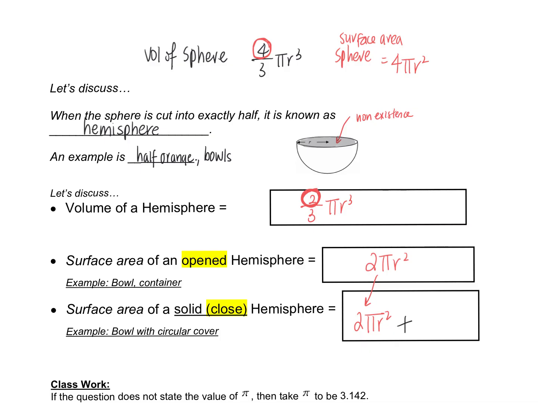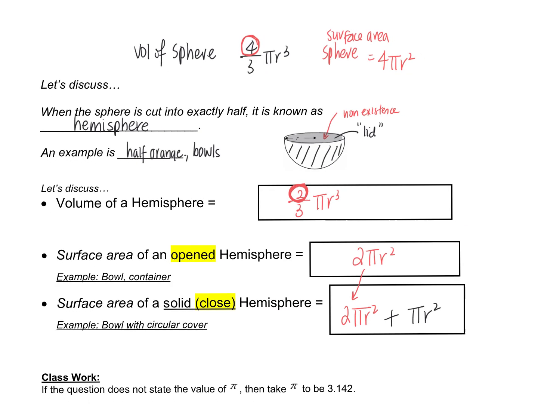So the hemisphere is the bottom part here, the curved surface area. But because it's closed, there's a lid there. This lid, the cover. So you must add the pi r squared on top. So it happens to be 3 pi r squared. Just take note of this one. Whether it's closed or open, there's a difference.